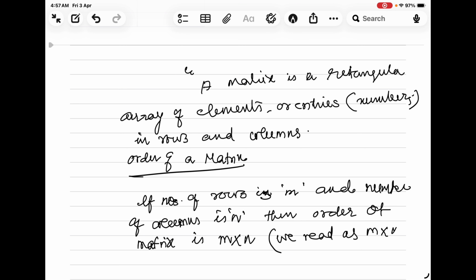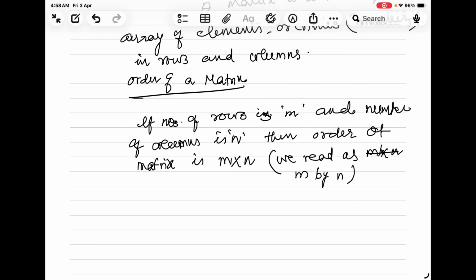Matrices are denoted by capital letters of the English alphabet, and you can write like this: matrix E equal to, we write the elements inside the square bracket, 1, 2, 3, 4, 5, 6.